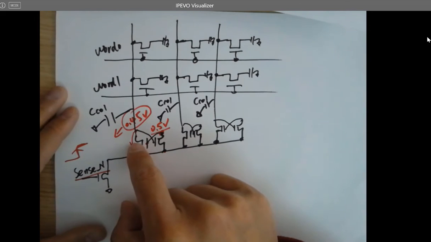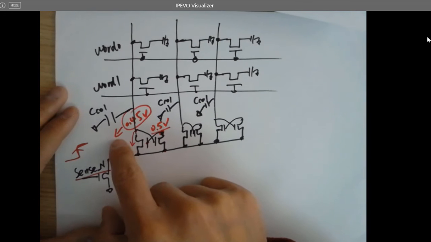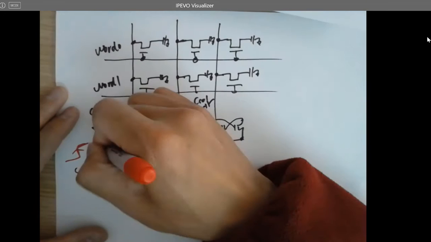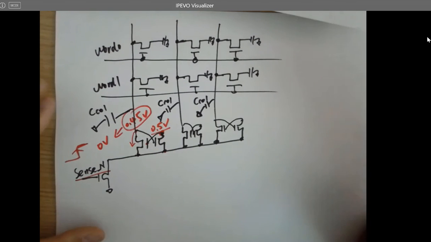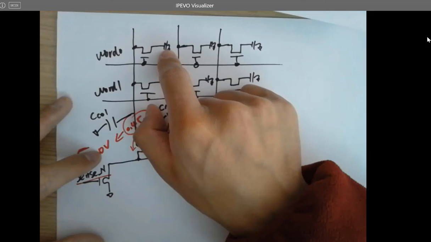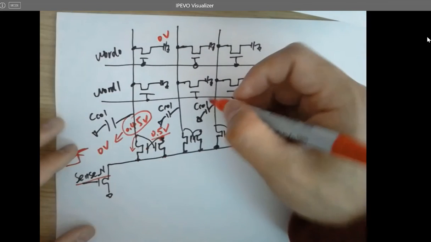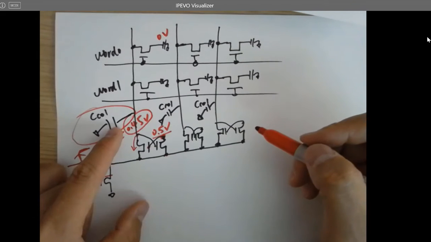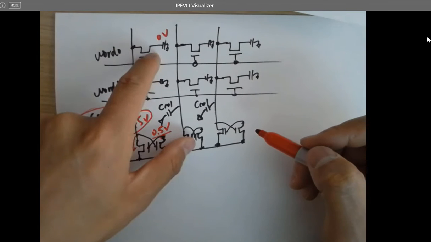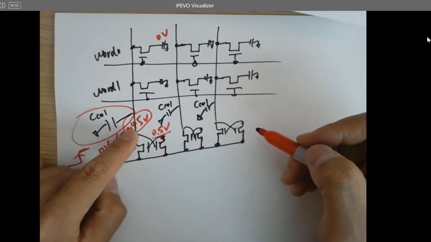However, for this guy, because it's a positive feedback, this node has been pulled down to the ground. So what's the voltage left here? 0 volts. Very close to 0 volts. So initially you have 0 volts stored here. After you close the switch, because of the parasitic capacitance of the traces, this 0 volts cannot be delivered to here to read.